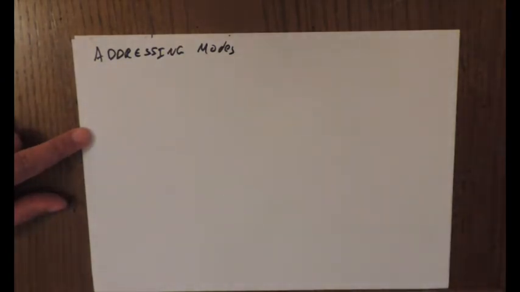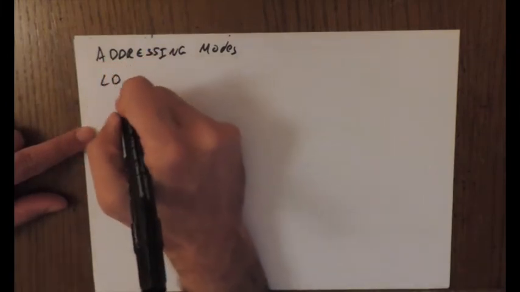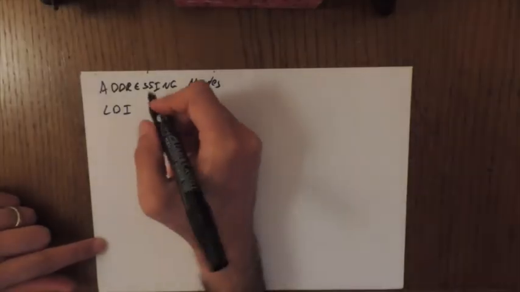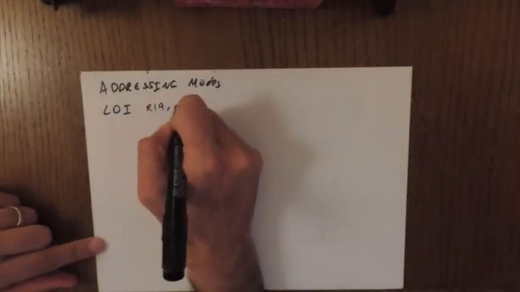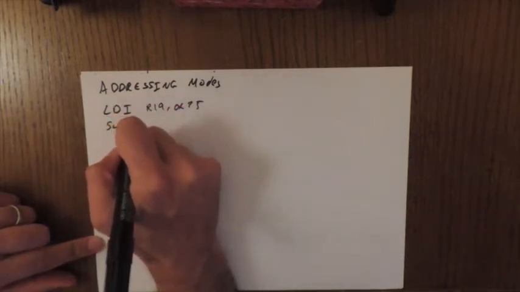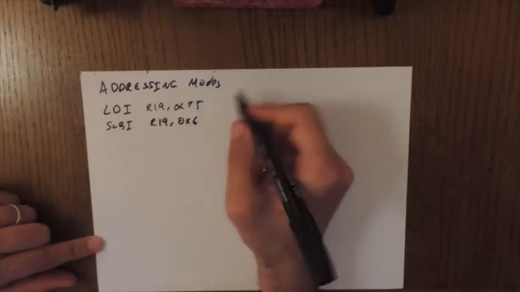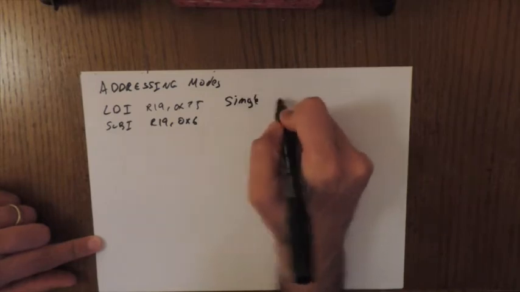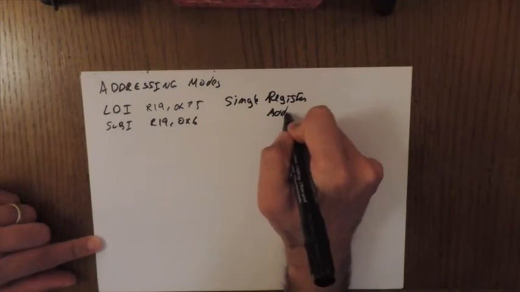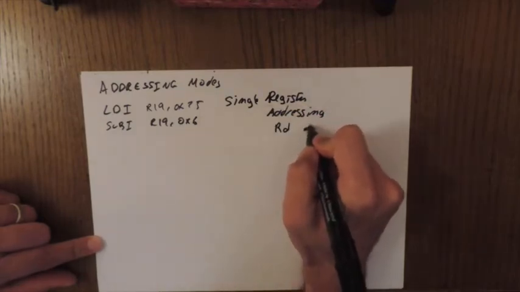For example, when we say LDI R19, 0x25 and then SUBI, for example, R19, 0x6, here we have single register addressing, and here we mean by the Rd, which is the destination.